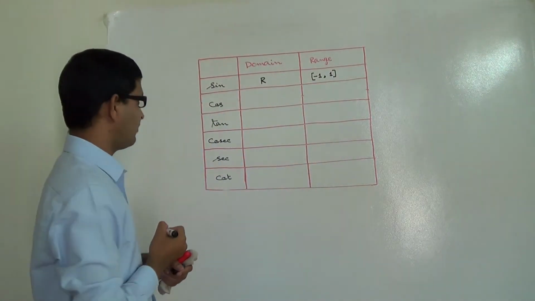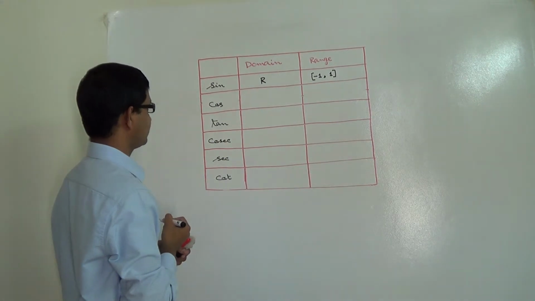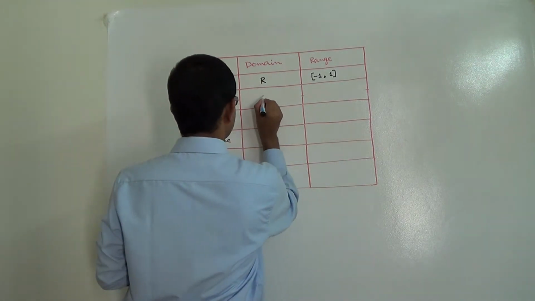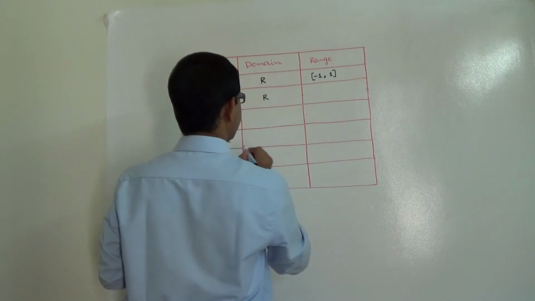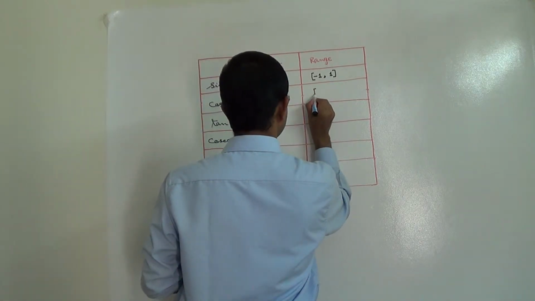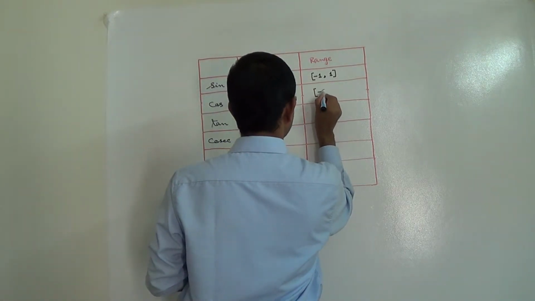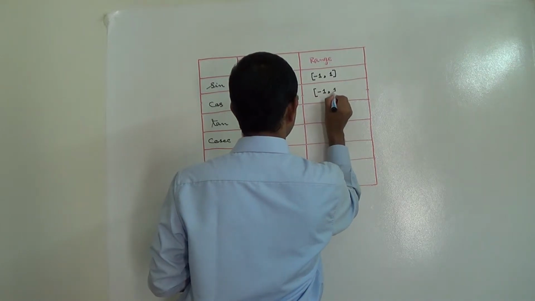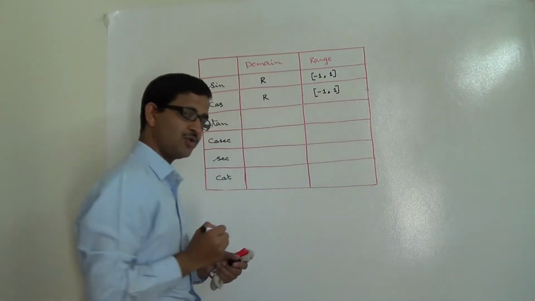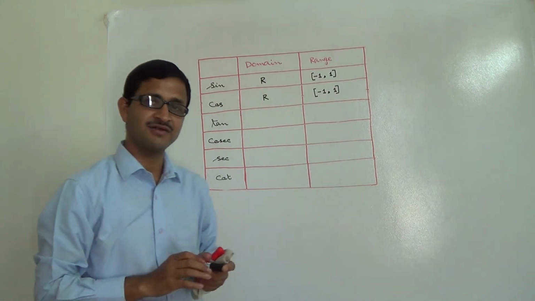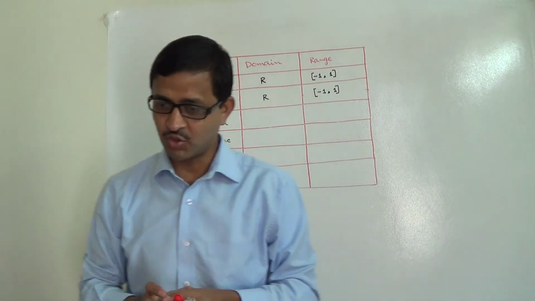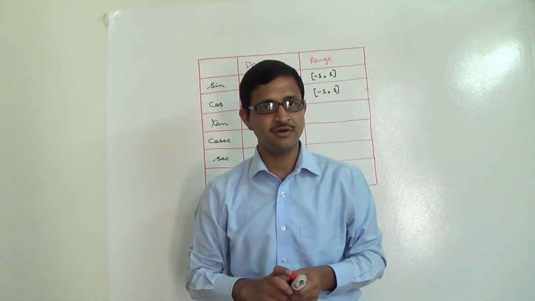What is the domain of the function cos? The domain of cos is again the real numbers, and its range is the same as sine, -1 to +1.